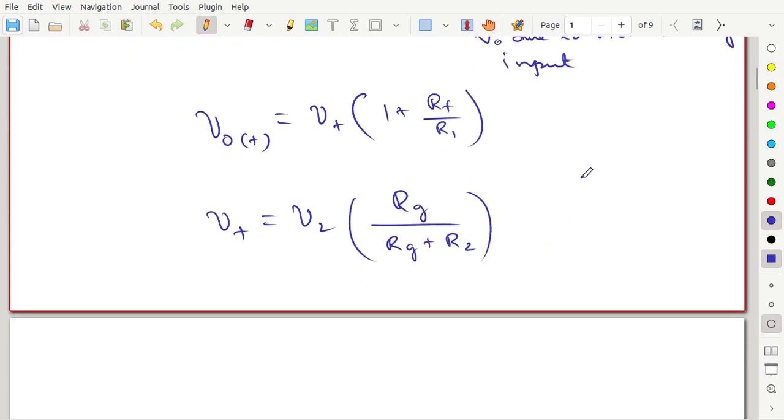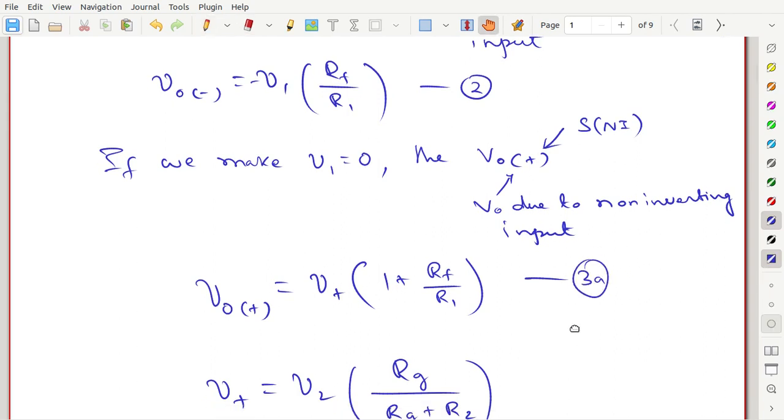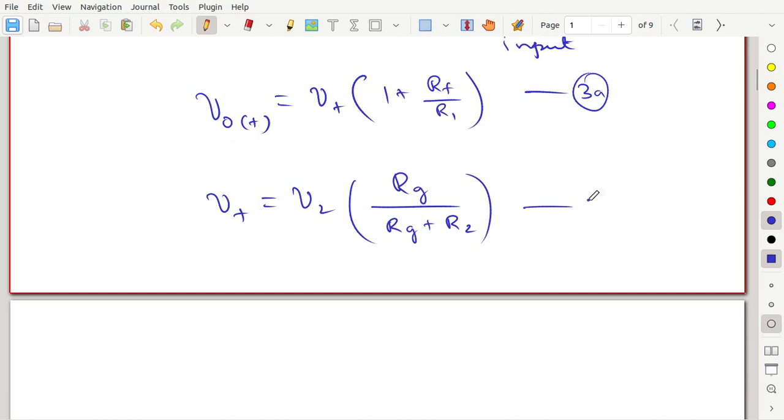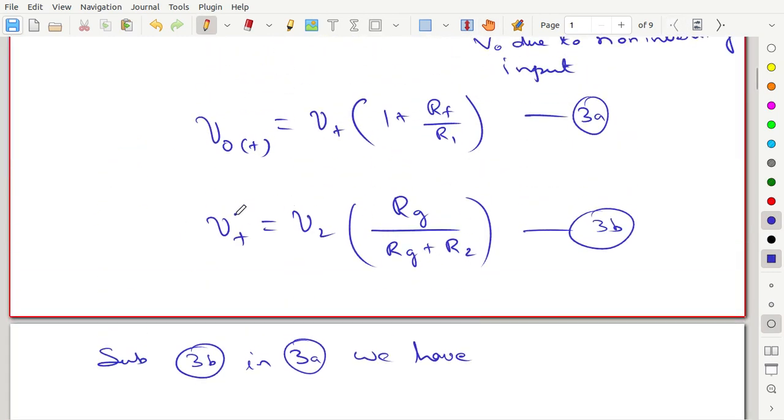If we substitute this in 3A, let this be 3B. Substituting 3B in 3A, we have to substitute this here.